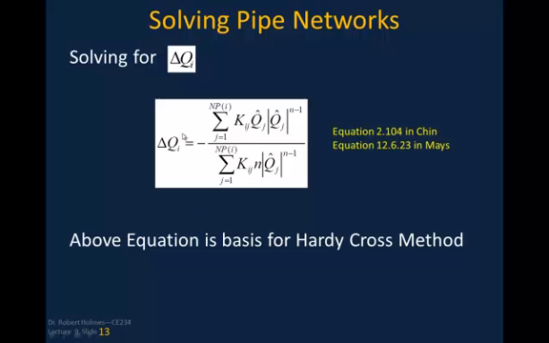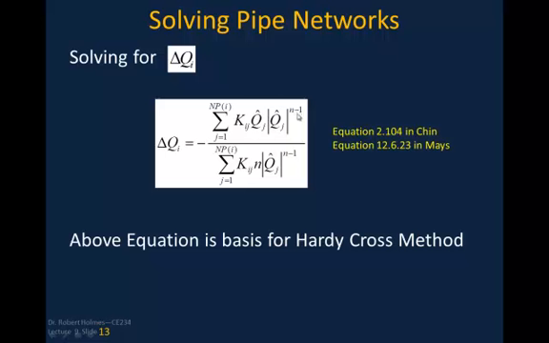So this delta Q i, which is our error estimate, is estimated by minus the sum around that loop of K for the individual pipe j in loop i, times the assumed value of Q times the absolute value of the assumed Q to the n minus 1.